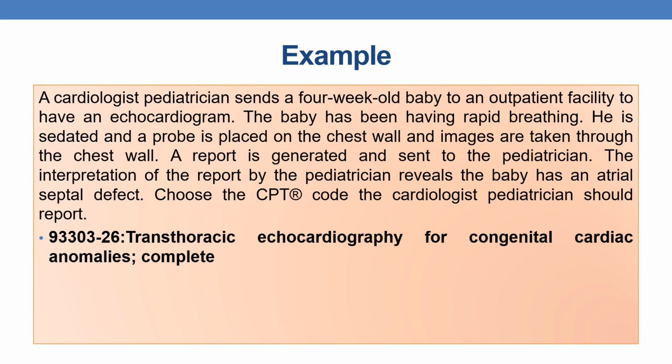Here the interpretation of the report is performed by the pediatrician and it revealed that baby had atrial septal defect. So the appropriate CPT is 93303, transthoracic echocardiography for congenital cardiac anomalies complete, along with 26 modifier to indicate the professional component.